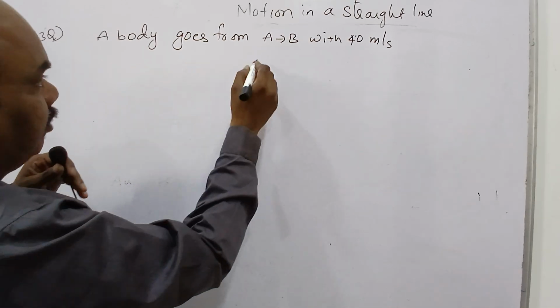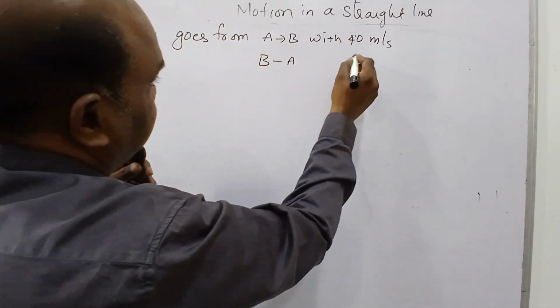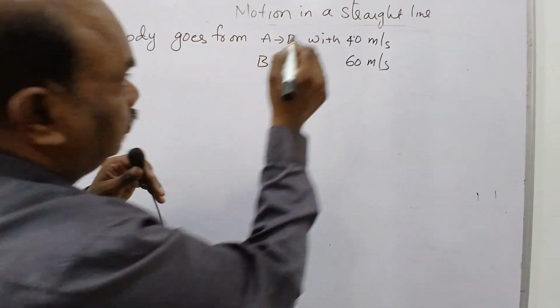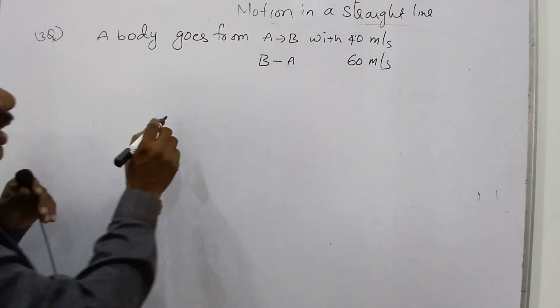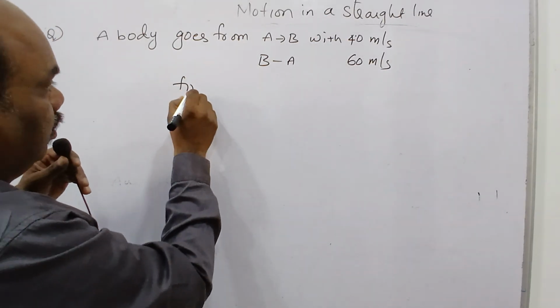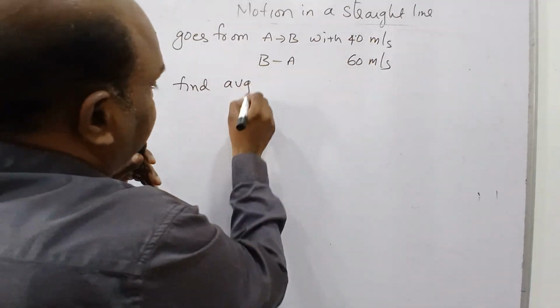Again he came back from B to A with 60 meter per second. While going 40 meter per second, while coming back 60 meter per second. Now find the average speed.